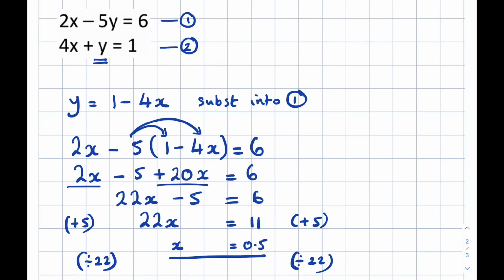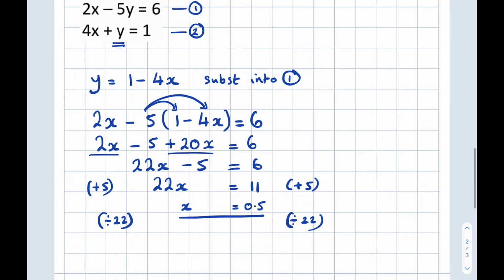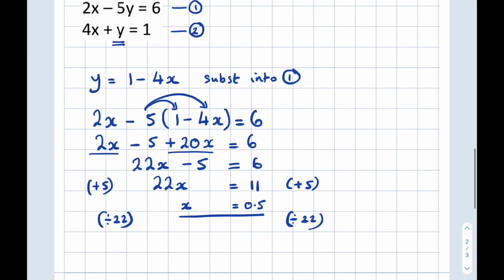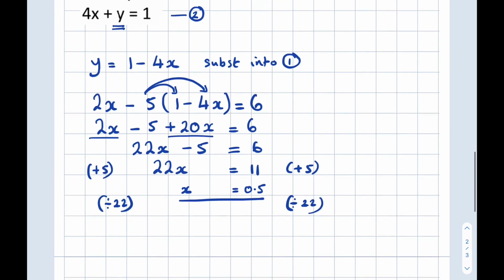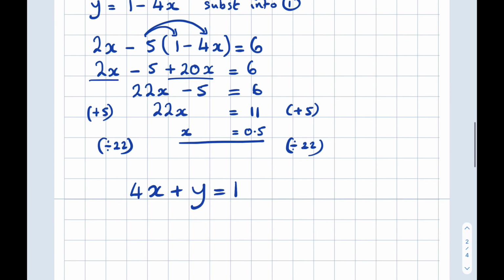Okay, let's have a go at that. So I'm going to choose equation number 2 because I've already substituted y equals 1 minus 4x into equation number 1. So looking at equation number 2, we have 4x plus y equals 1. I'm going to substitute x equals 0.5 into this equation.